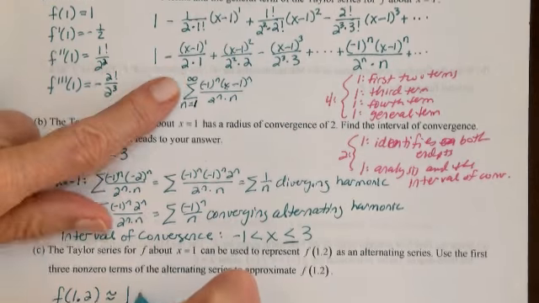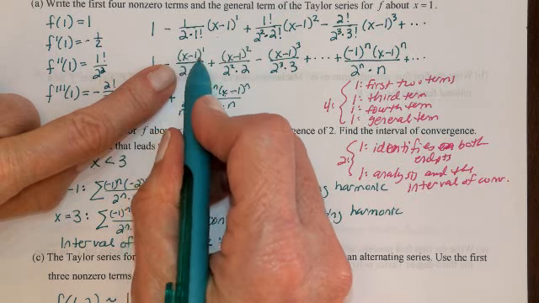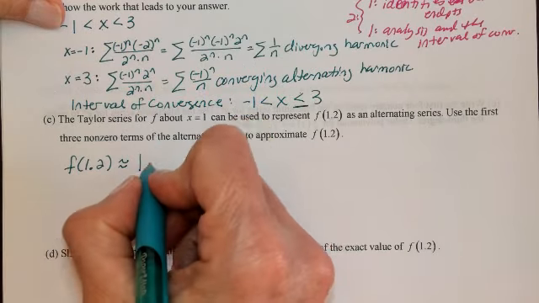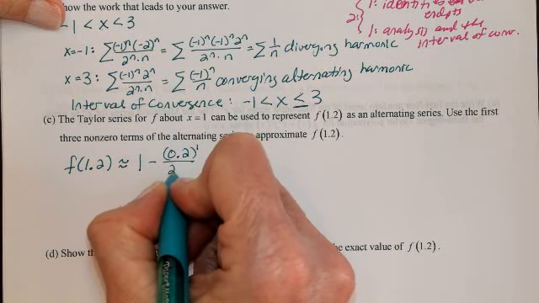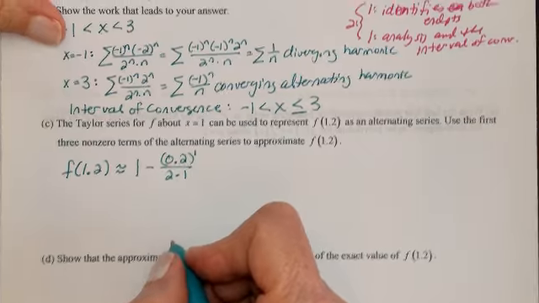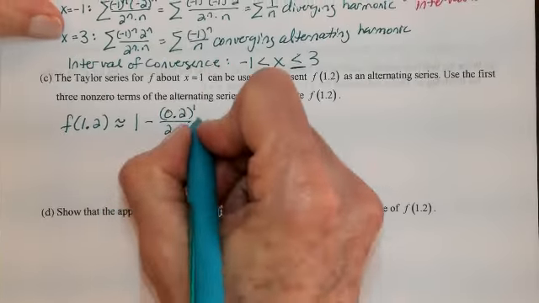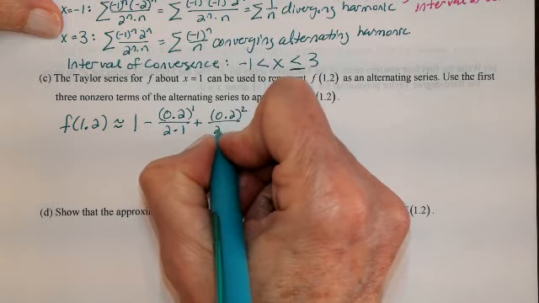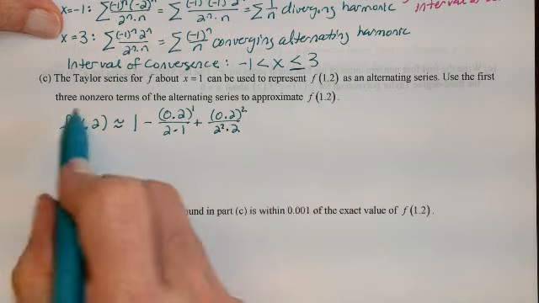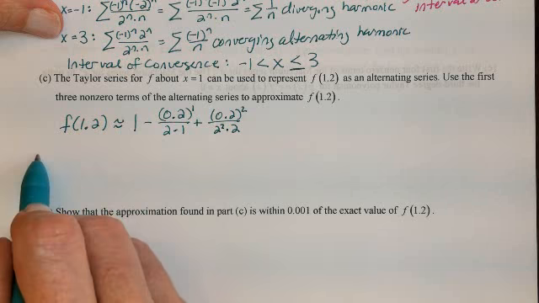We start with 1 minus, putting in 1.2 for x, 1.2 minus 1 is just 0.2, so this is 0.2 to the first over 2 times 1, or just 2. Plus 0.2 squared over 2 squared times 2. And that is the approximation for f of 1.2 using the first 3 non-zero terms.